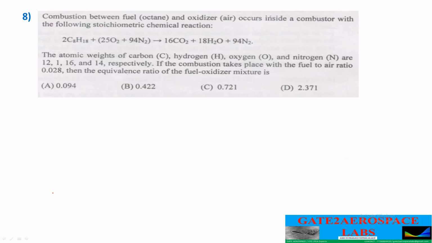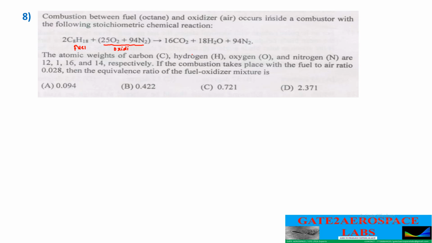Now in this problem the combustion equation is given to us. This equation is the combustion equation. In this, C8H18 is our fuel, this is our oxidizer, and this is our product of combustion.